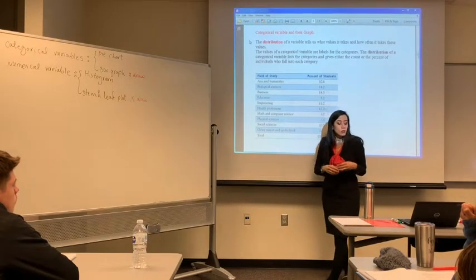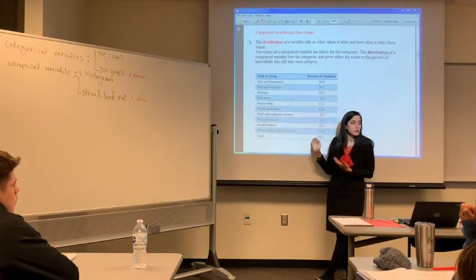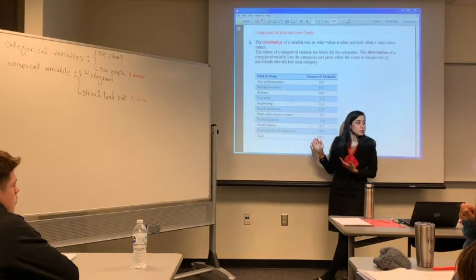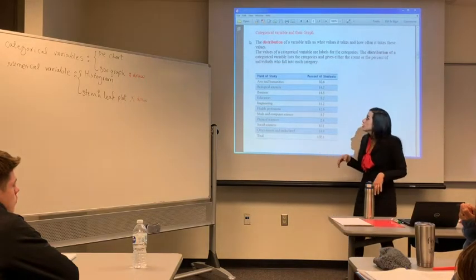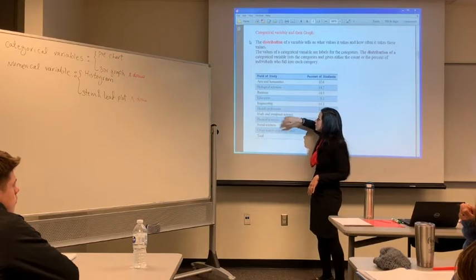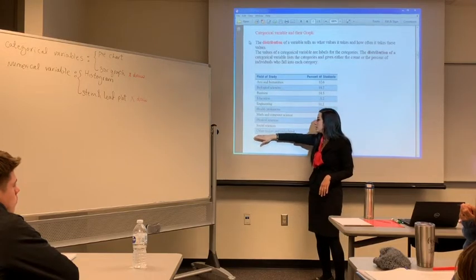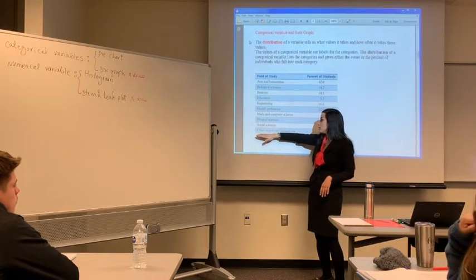So you tell me, what kind of variable is that? Categorical, correct? Why? Because we have different groups, correct? So these are different categories, different groups: art and humanities, biological science, business, and up to here, other major and undeclared.